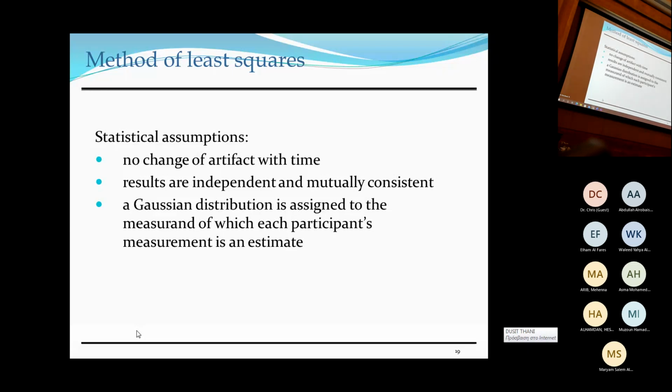There's no change of the artifact with time. Results are independent. A Gaussian distribution is assumed for the measurement of which each participant's measurement is an estimate. So not anything strange, typical assumptions with typical measurements.